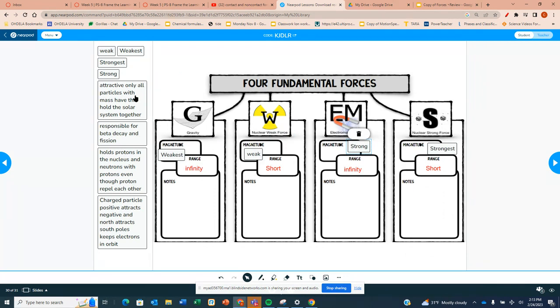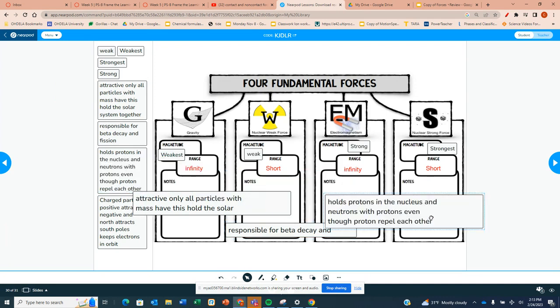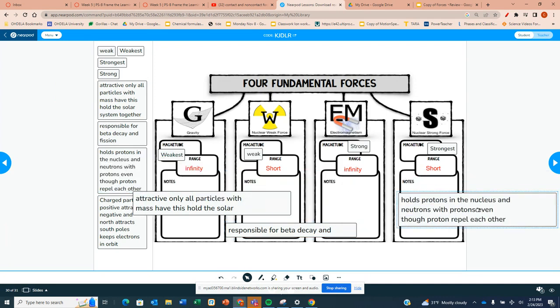Attractive only, acting on particles with mass, holding the solar system together. So that is this one, right? Responsible for beta decay, that is the weak nuclear force. What holds the protons and the neutrons in the nucleus is the strong force.